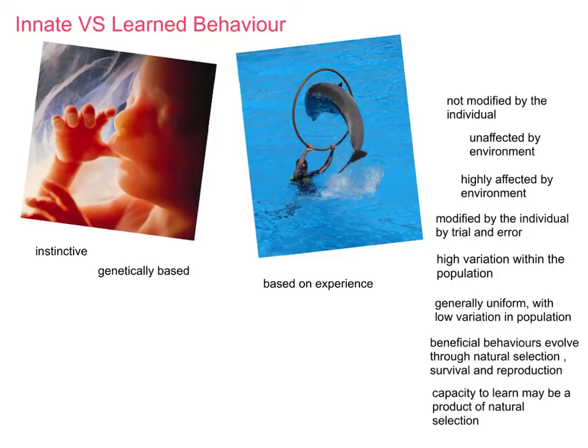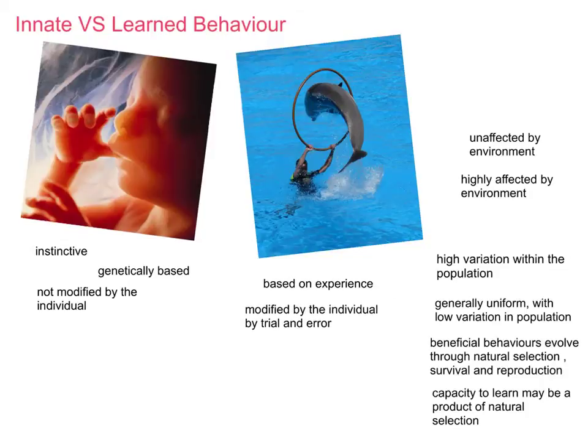Innate behaviours, so instinctive behaviours, aren't really modified by the individual because they're instinctive, whereas learned behaviours do tend to be modified by the individual by trial and error. Because they're based on experience, if we try and fail, we learn how to cope and deal with that.